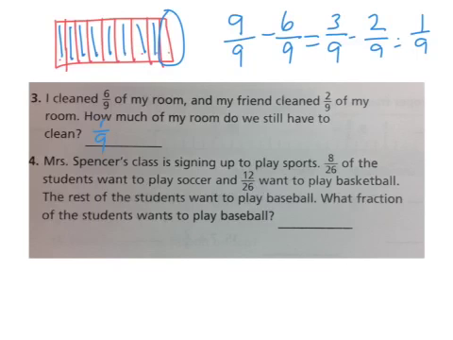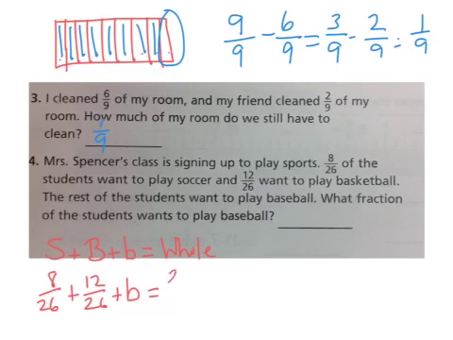So in other words, we have soccer plus basketball plus, I'm going to make baseball small, equals the whole class. Well, we have soccer is 8/26. Basketball is 12/26. We don't know baseball, and the whole class would be 26 out of 26.